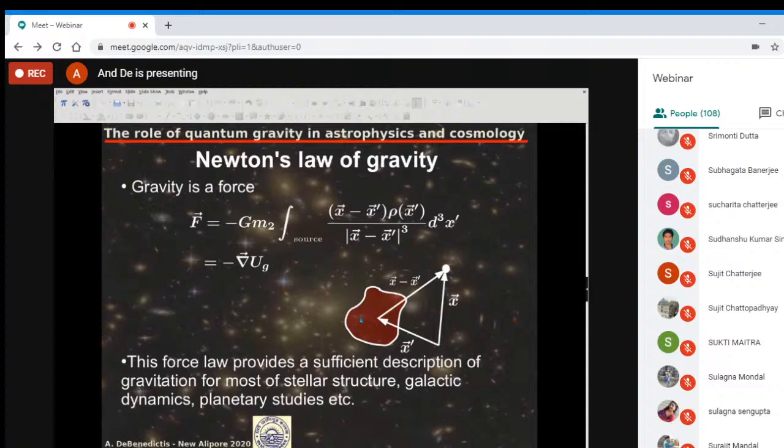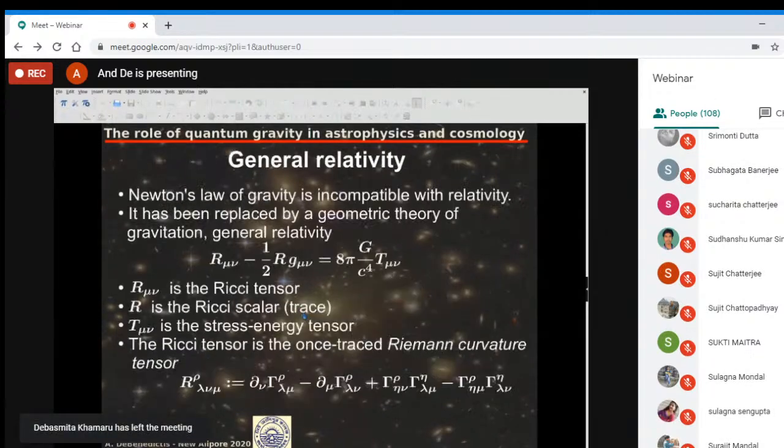Using Newton's law of gravity is perfectly fine for almost any study that involves gravitation. It is good for studies of stellar structure, galactic dynamics, planetary structure, and planetary studies in the solar system and things of that nature. But of course, it was supplanted by general relativity around 1915.